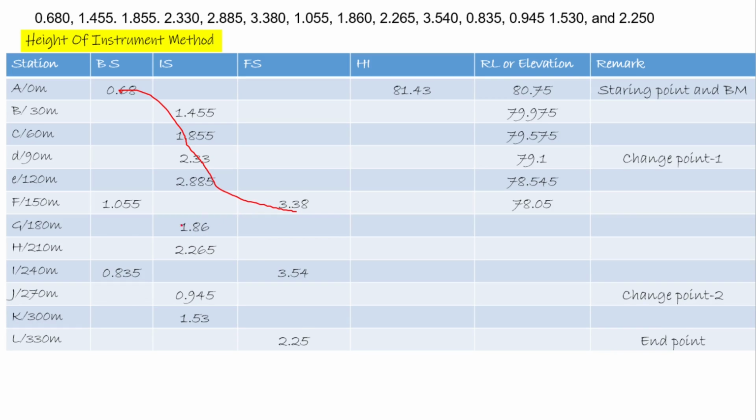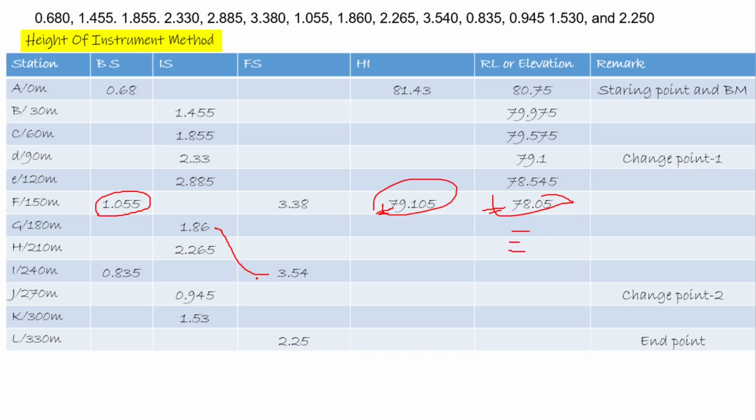The most important thing in this problem is to calculate the change point. This is your second HI. By using this and this we have calculated the HI. Now we have to calculate the RL of this point. It will be calculated using this HI, and we will deduct this value. That time we will get the RL.